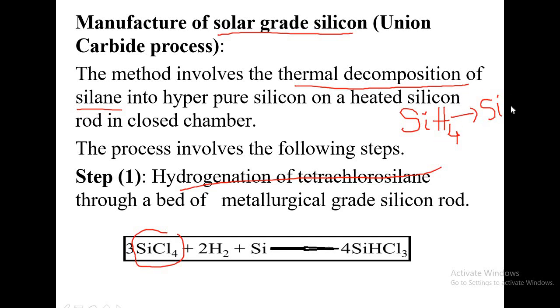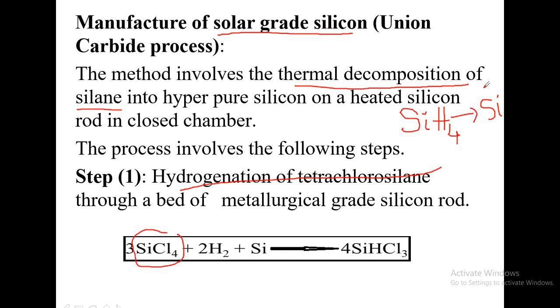Then silicon is obtained. This silicon is made to get deposited on the impure silicon rod, that is the metallurgical grade silicon rod, thereby increasing the purity level of silicon in the rod and decreasing the concentration of impurities.